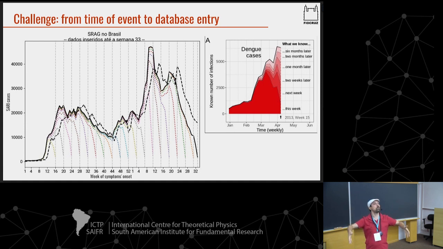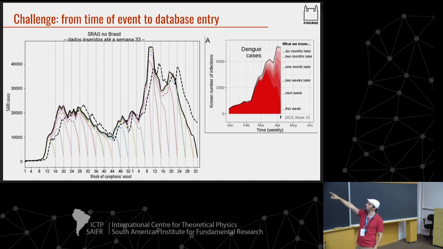So the ground truth. Now, the colored dotted lines, on the other hand, are this exact same information, but only what we had in the database by the end of weeks 16, 20, 24, and so on and so forth.